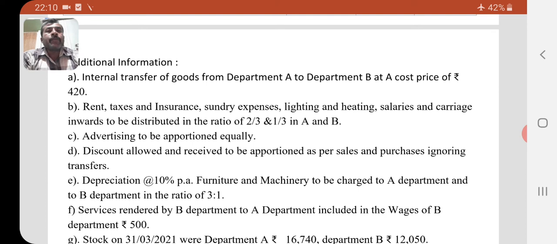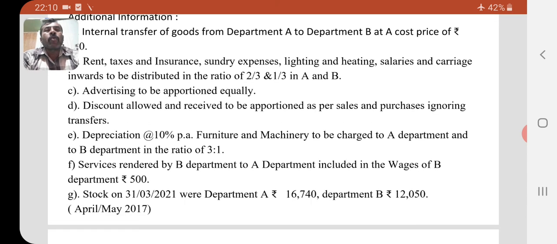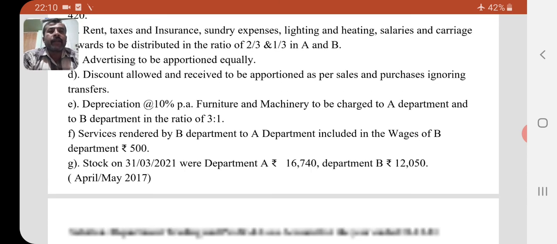Depreciation at 10% per annum on furniture and machinery to be charged to A department and B department in the ratio of 3:1. Services rendered by B department to A department included in the wages of B department are rupees 500.